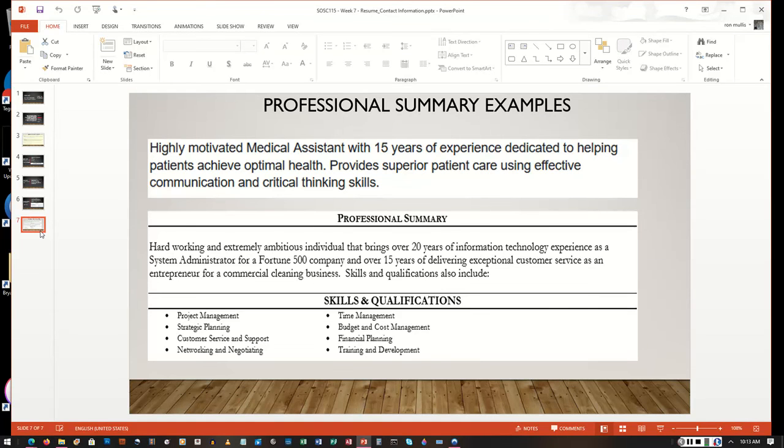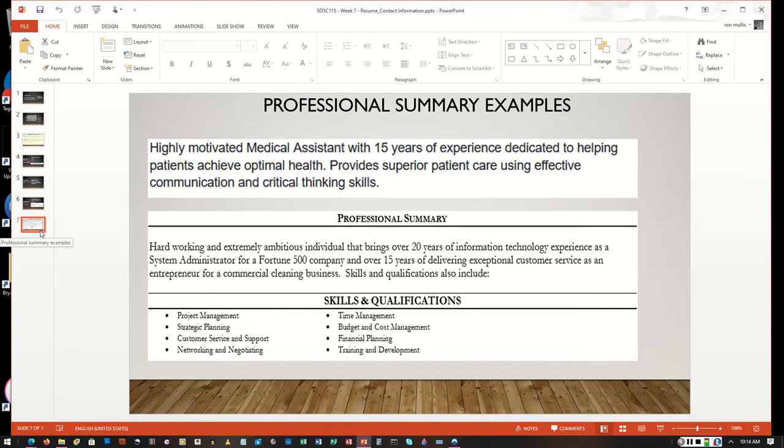So you see the first one: highly motivated medical assistant with 15 years of experience, dedicated to helping patients achieve optimal health, provides superior patient care using effective communication and critical thinking skills. You see here that the first couple of words give an adjective of who that person is.